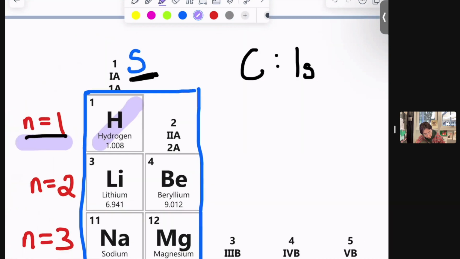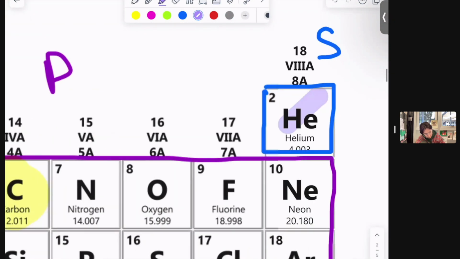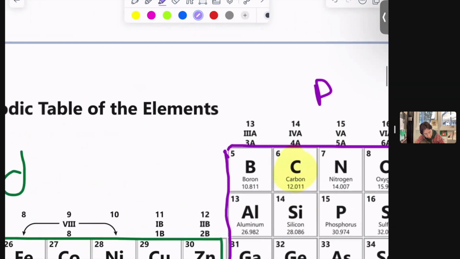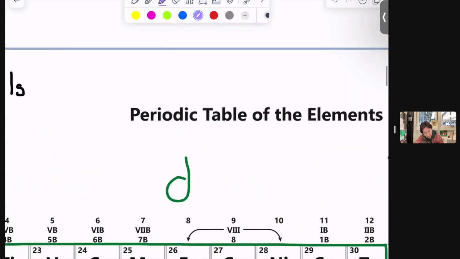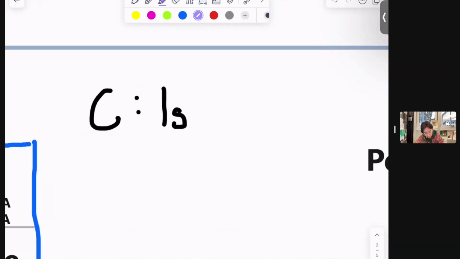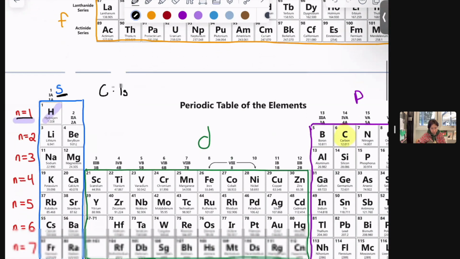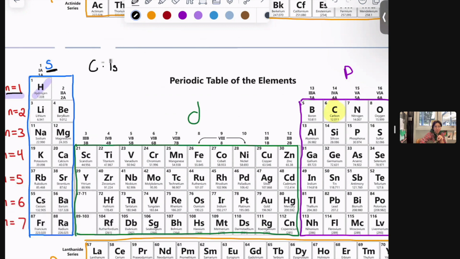And if we count across, I have 1, 2 electrons in my 1s orbital. And I represent it like that. So you figure out what orbital you're filling.